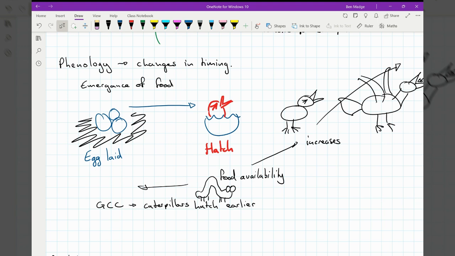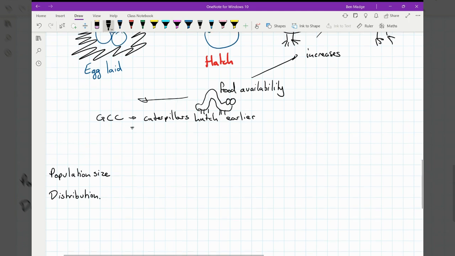So they are going to notice those changes a lot sooner. So our peak food availability no longer matches. So more young birds go hungry, and you get a reduced success rate.